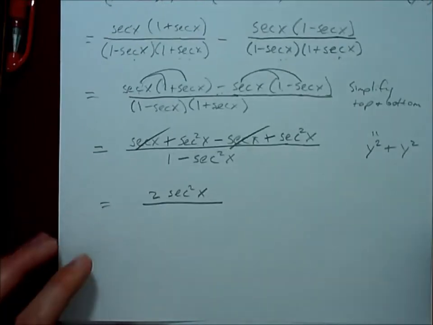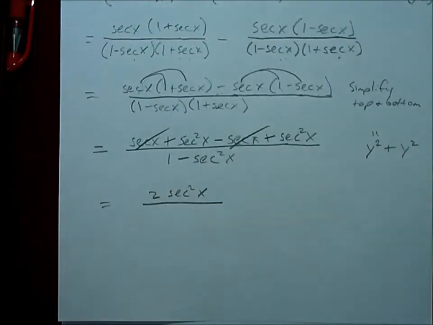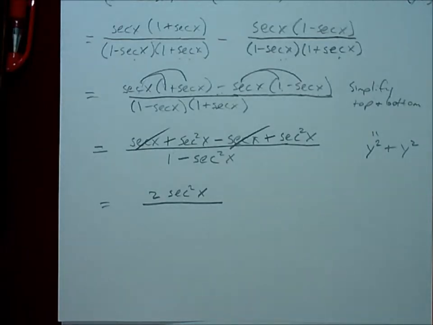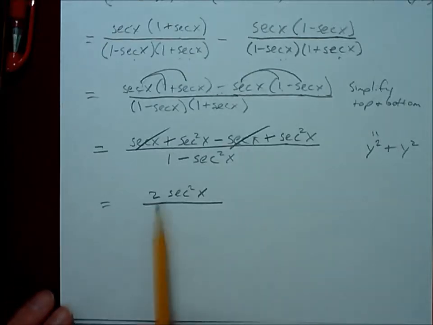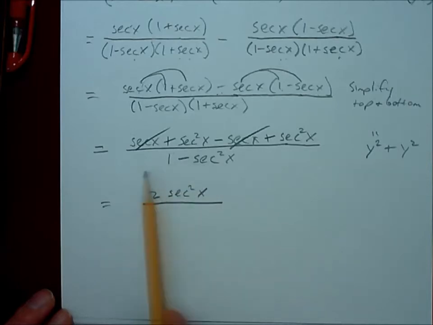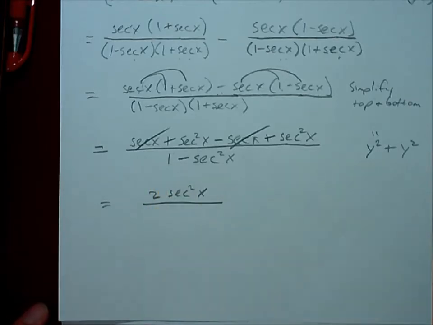Now we have this thing on the bottom. 1 minus secant squared. And anytime we see a 1 and some trig ratio squared and they're added or subtracted together, our brain should jump to a particular place. And that place is on our identity chart.